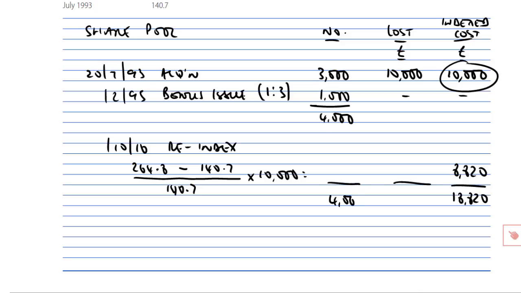We've still got 4,000 shares at this point of disposal with a cost of £10,000. We've now got all the information we need to deal with this disposal from the share pool.